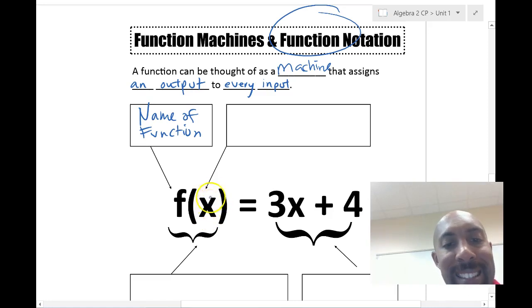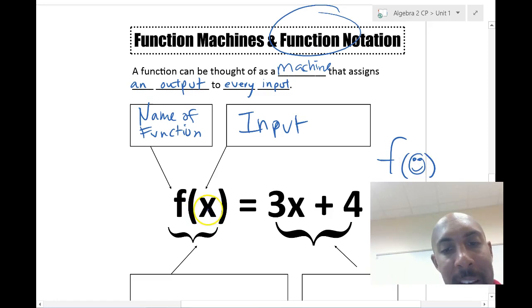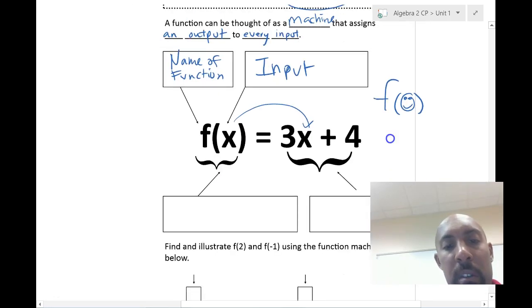So now the inside of the parentheses here, that's our input. It doesn't matter what you put here. I can put f of smiley face. But whatever I put in there has to also be plugged in here. So if I plug in smiley face here, smiley face also needs to go here. But we don't use smiley face, we're just using numbers, or actual values.